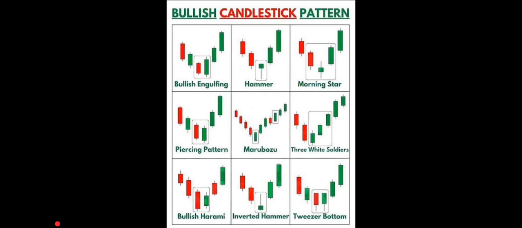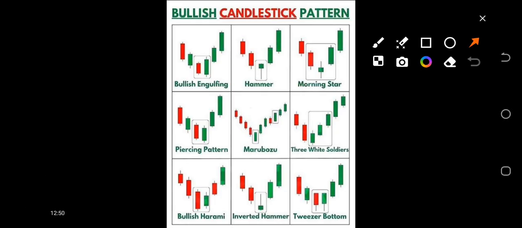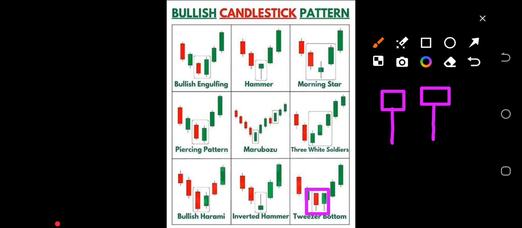And then here we have what we call a tweezer bottom. These two candles here, they are tweezer bottoms. Okay, you will see two candles appear side by side like this. These are tweezer bottoms, and the opposite of it is called a tweezer top. I will show it in our next slide.